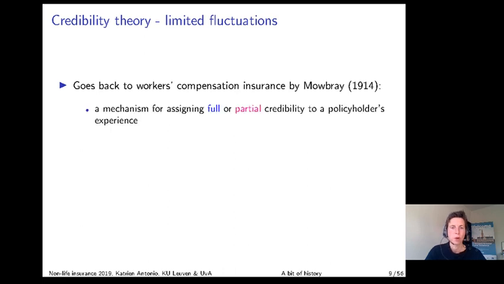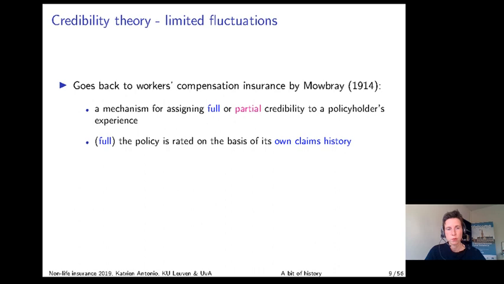This type of credibility can be seen as a mechanism to either assign full or partial credibility to a policyholder's experience. And this experience should be seen as the history of claims reported by the policyholder.